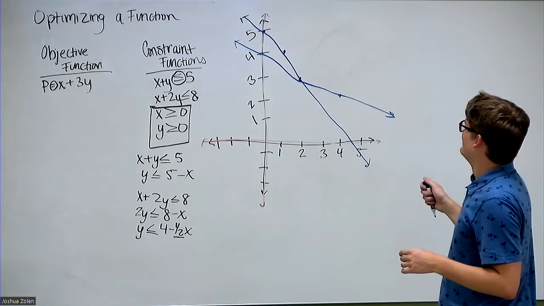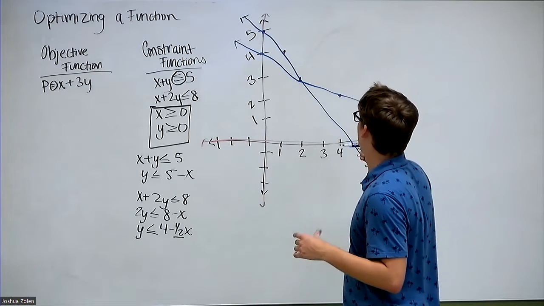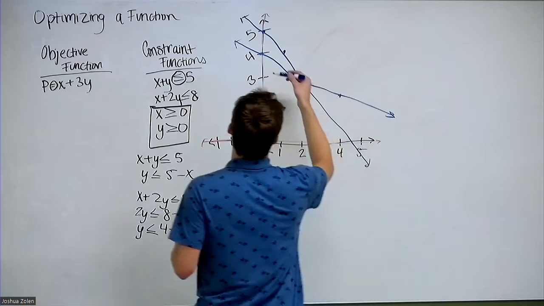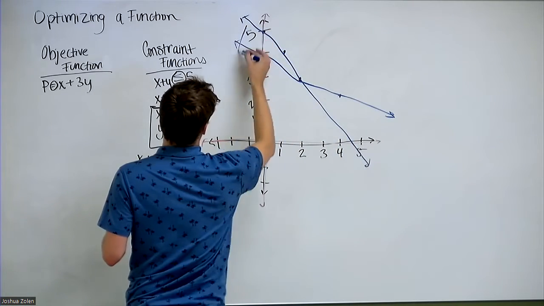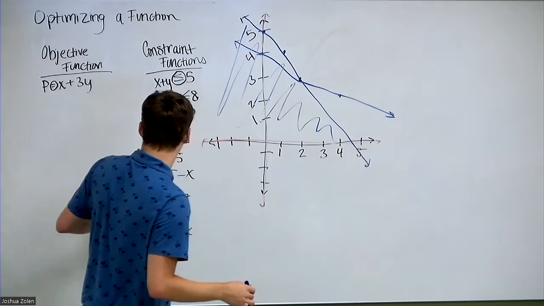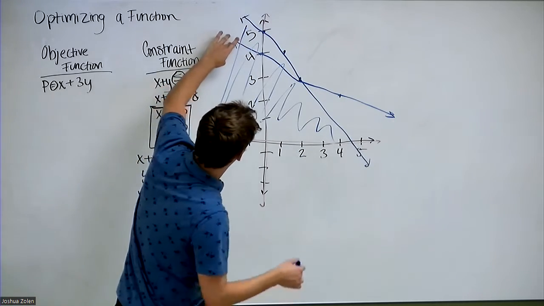Okay. So now since these are inequalities, we do have to do the shading. For the y is less than or equal to 5 minus x, since it's less than, we're going to go left side. That's going to be all of this. And then our y is less than or equal to 4 minus 1/2 x. That's this line right here.